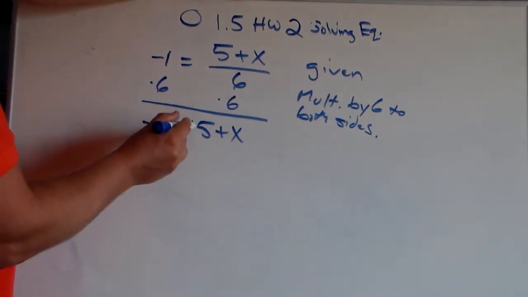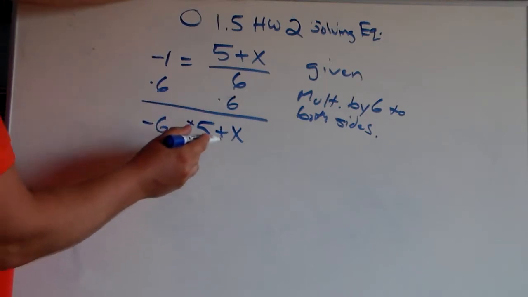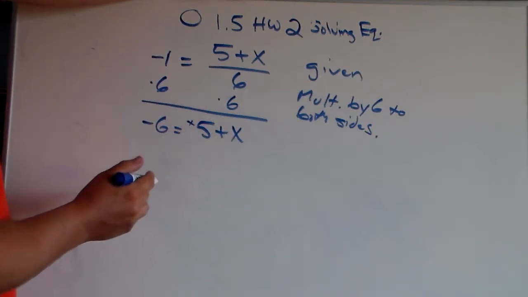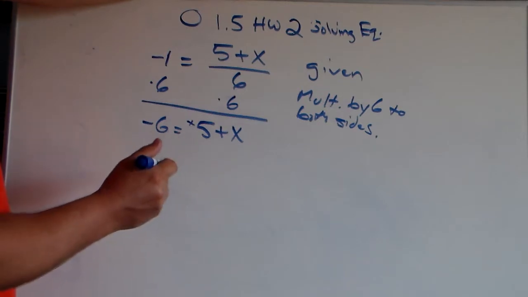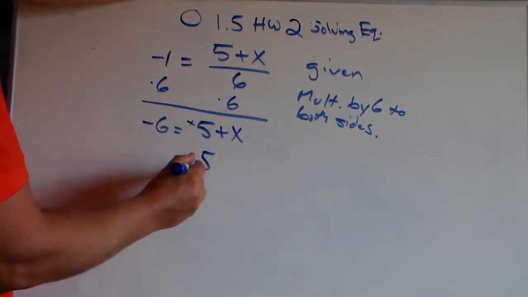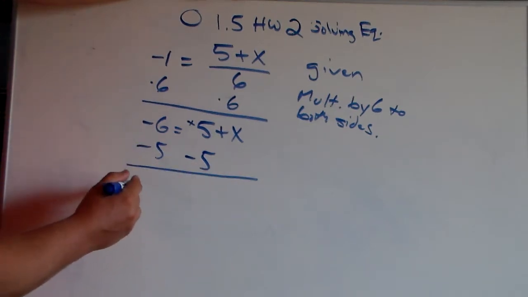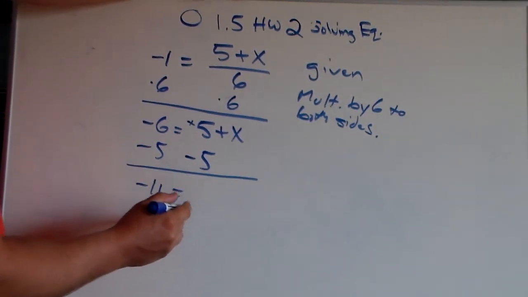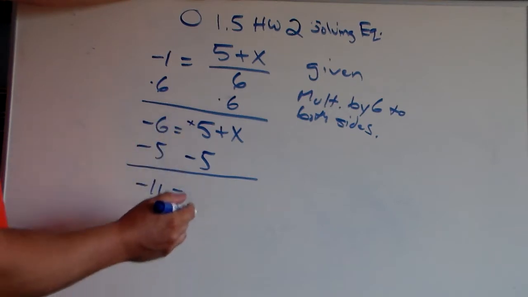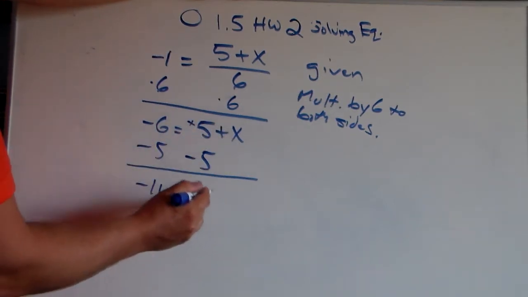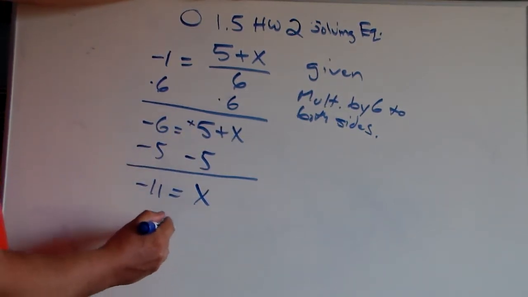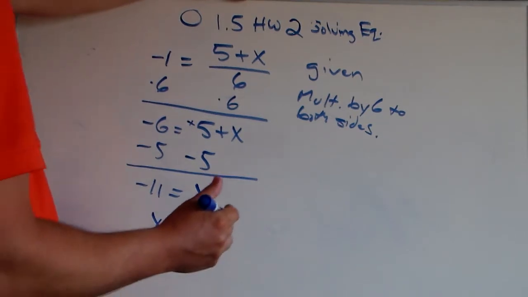Well, remember, there's an imaginary plus sign in front of that 5 because this plus sign goes with this x. So the inverse operation of plus 5 is subtract 5 from both sides. So negative 6 minus 5 gets you negative 11. Positive 5 and negative 5 cancel out. And then we carry down the plus x, which is really just x. So you have x equals negative 11.